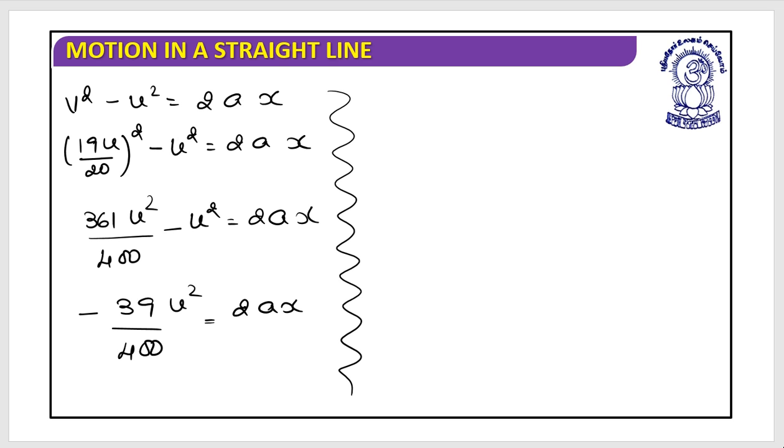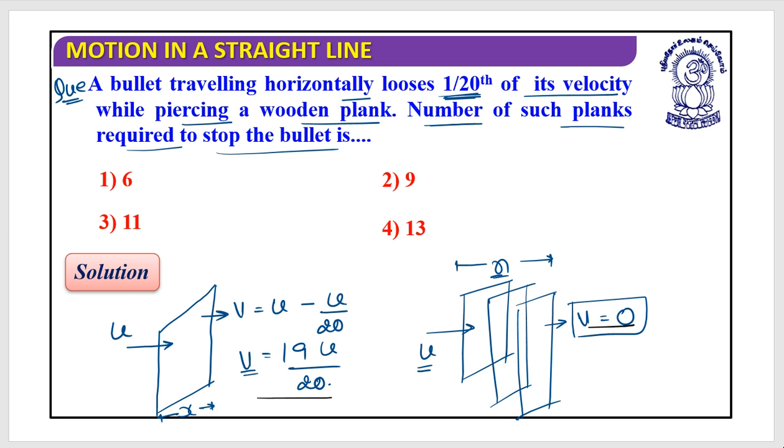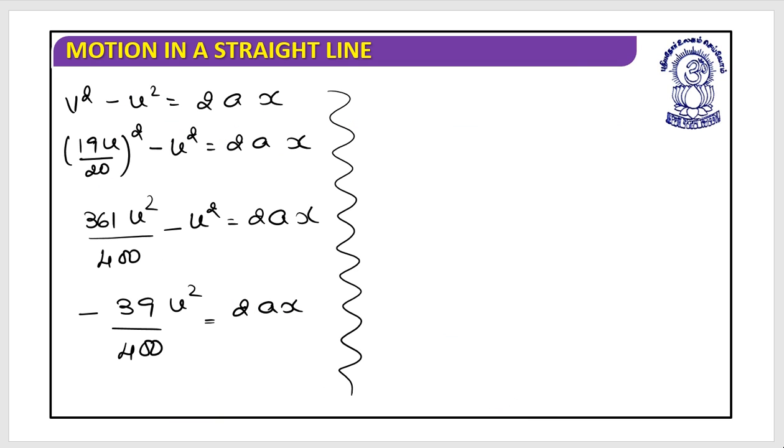Now I want my final velocity to be 0 when it has started with u. So the situation should be v square minus u square equals n multiplied by 2ax, because it is going to travel n into x distance.